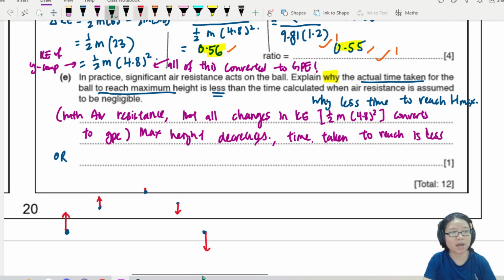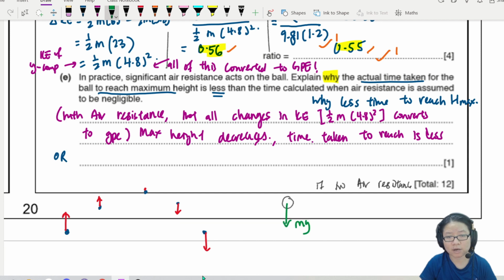If there's no air resistance, the only force acting on the ball is weight. So you will have mg pulling the ball down.